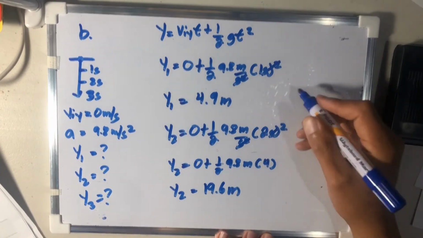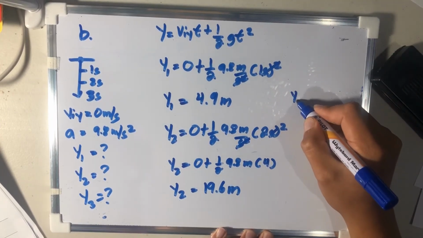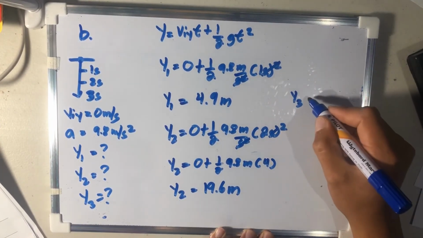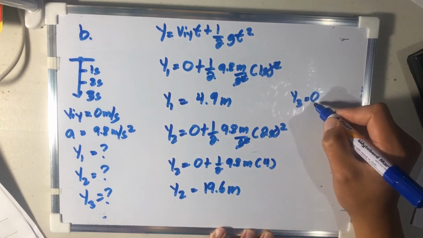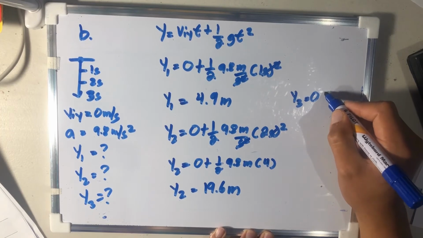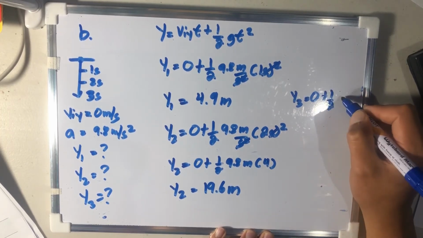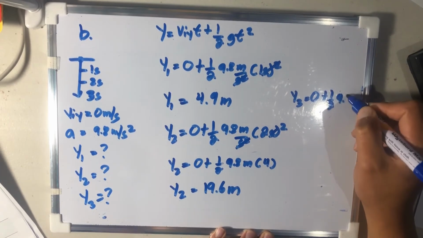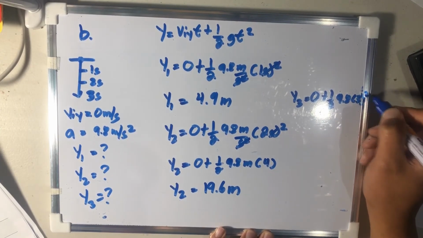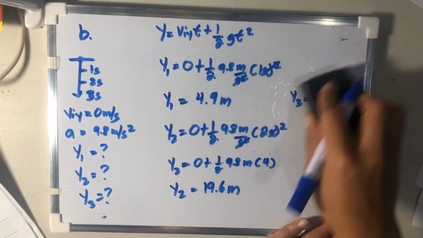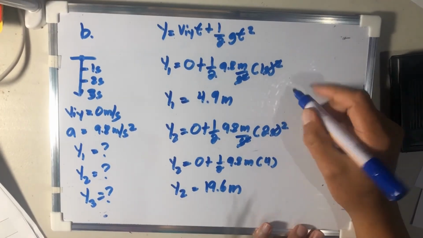Then for the y3, or the displacement after 3 seconds, so this will now become 0, Viy is 0, plus 1/2 the acceleration due to gravity, which is 9.8, multiplied by 3 seconds squared. Oh, it's limited, so I'll make my writing cute.